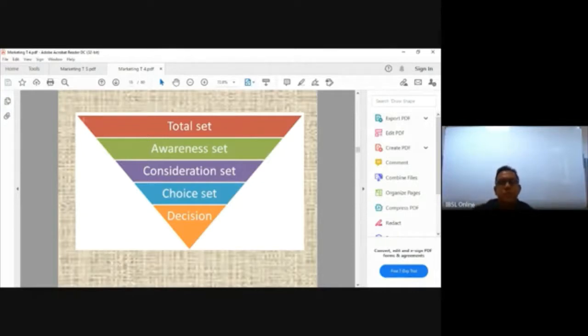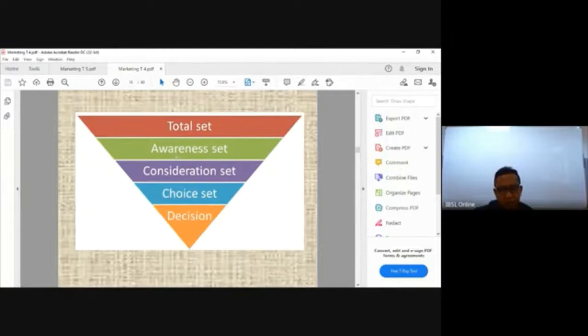The total set means the number of brands in the market. Say, for example, take a TV. How many TV brands are there in the world or in Sri Lanka? There may be 10, 15 or more brands.